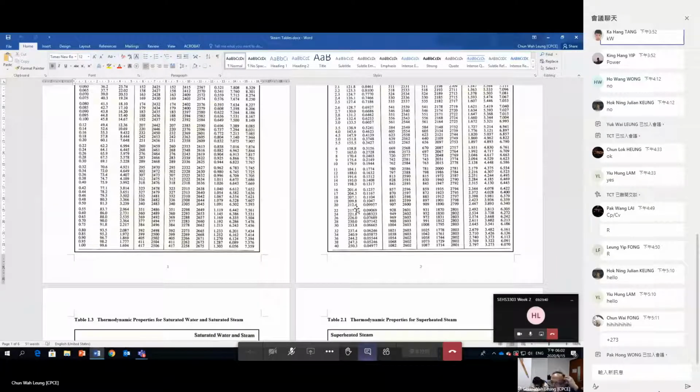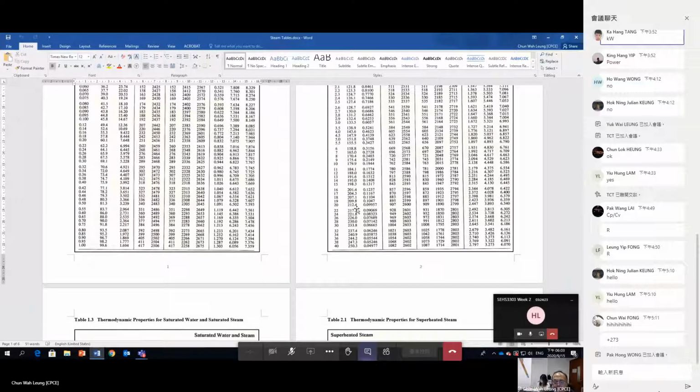Now, if the given temperature is below this 212.4, that means you have a water. If the given temperature is above, higher than this temperature, then you have a superheat steam. If the temperature is exactly at 212.4, most likely you have a wet steam, right?